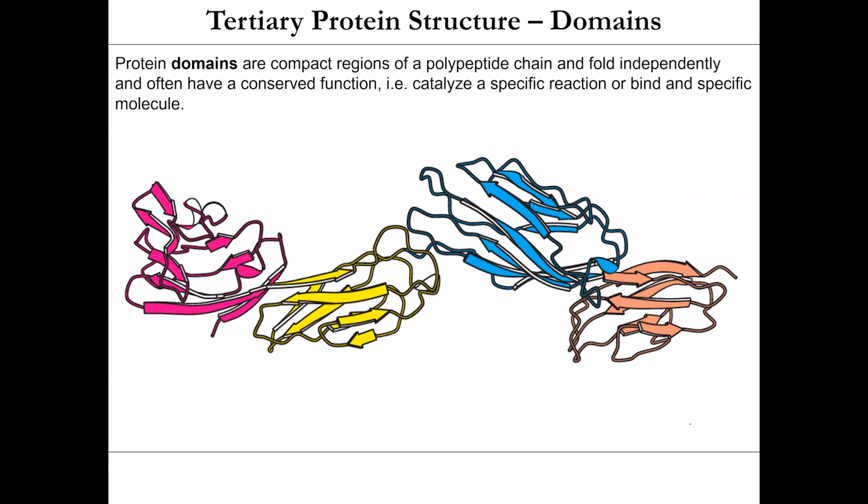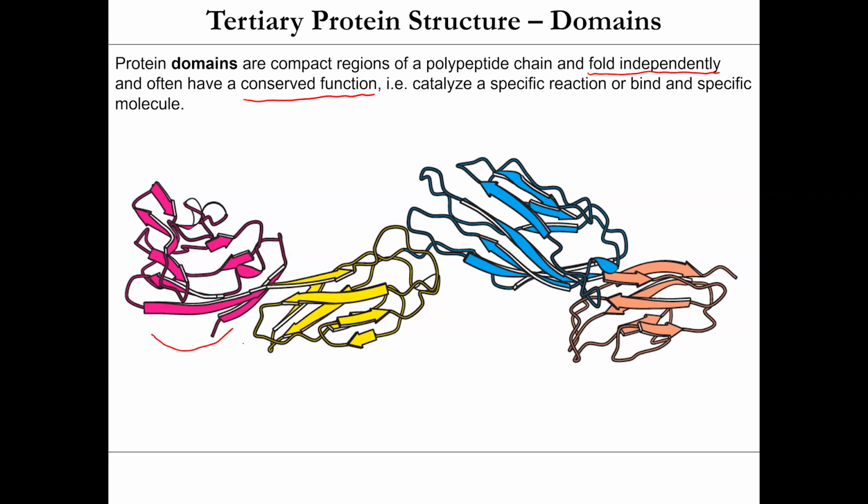Another important part of tertiary protein structure is domains. Protein domains are compact regions of a polypeptide chain that fold independently from one another and often have a conserved function. They may catalyze a specific reaction or bind to a specific molecule. Here's an example. I believe it's an immunoglobulin domain, which is involved in binding to other proteins.